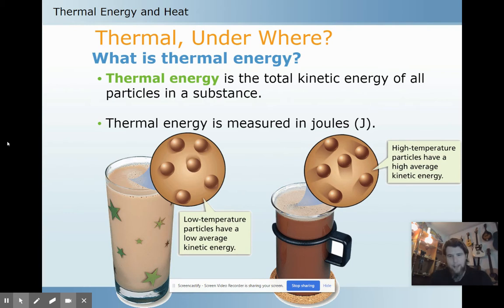Now, as we increase the temperature, or as we increase the amount of thermal energy, which we'll talk about the ways that we can do that, the particles are going to start to move around some more. They're going to have a higher kinetic energy, and because of that higher kinetic energy, they're going to have a higher thermal energy. So high temperature particles have a higher average kinetic energy, and the low temperature particles have a lower kinetic energy.